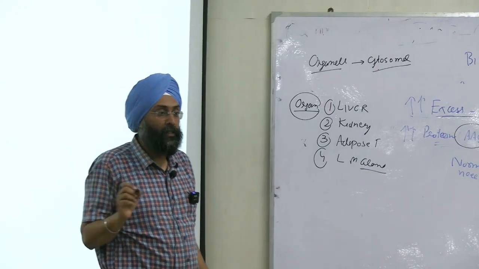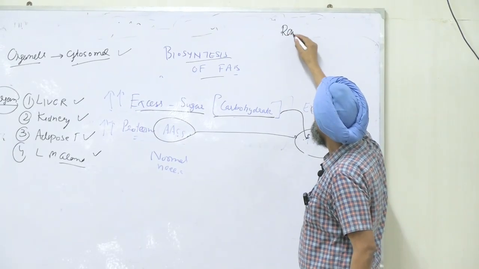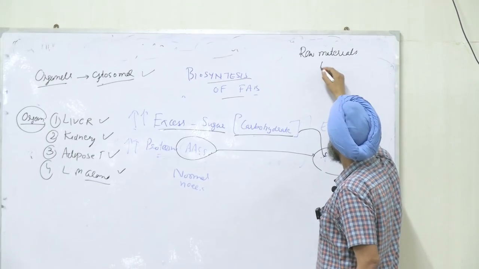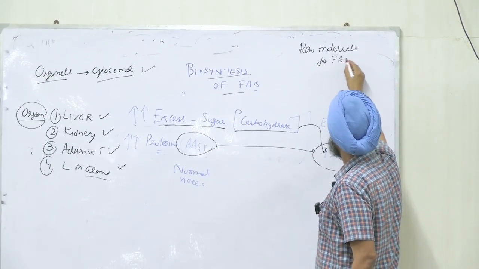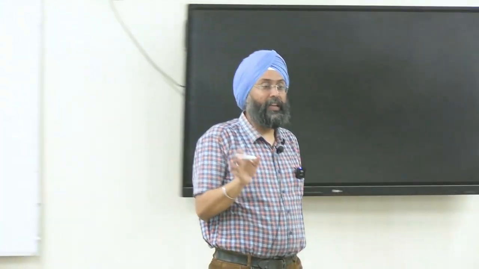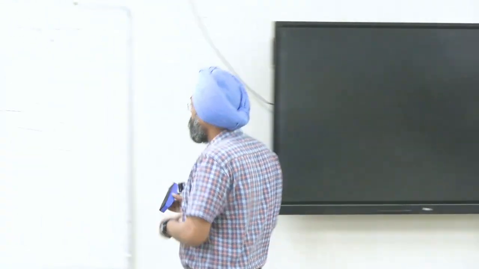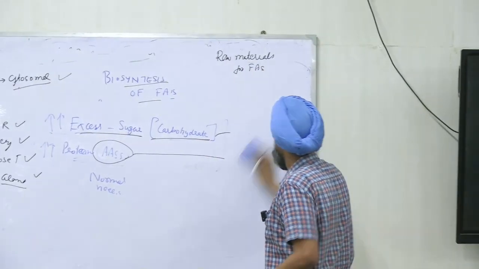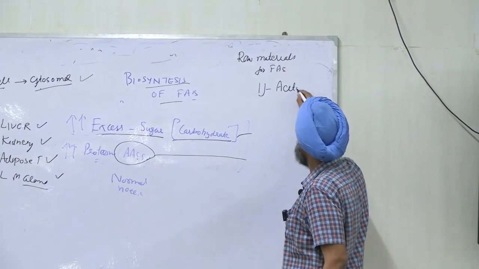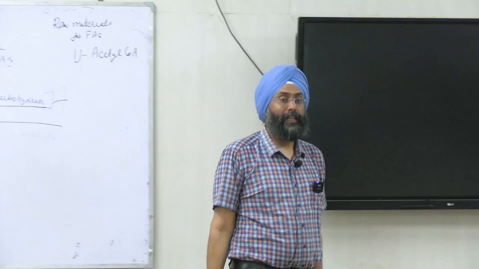So I repeat. Now the third thing is: what are the raw materials for fatty acid synthesis? Raw materials from which fatty acid can be synthesized, right? The first raw material is acetyl CoA, right?